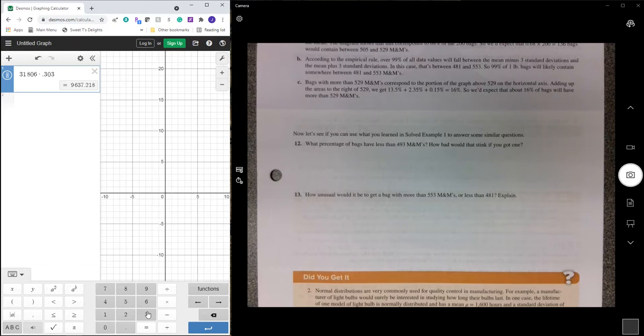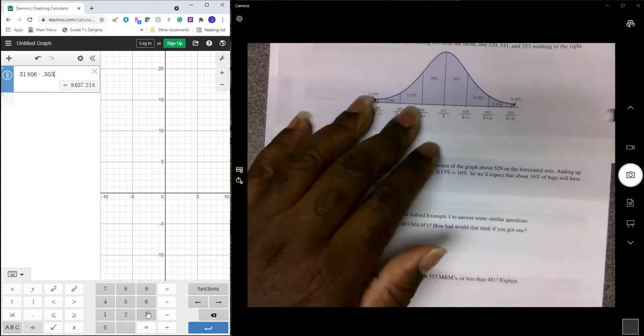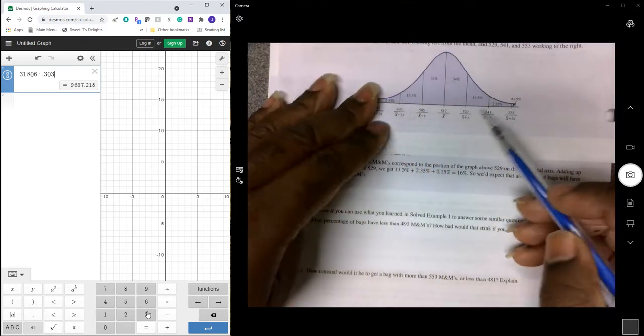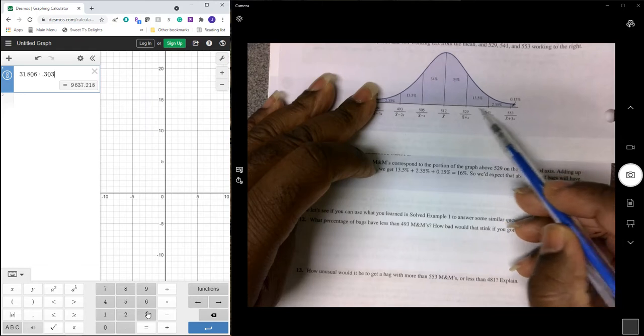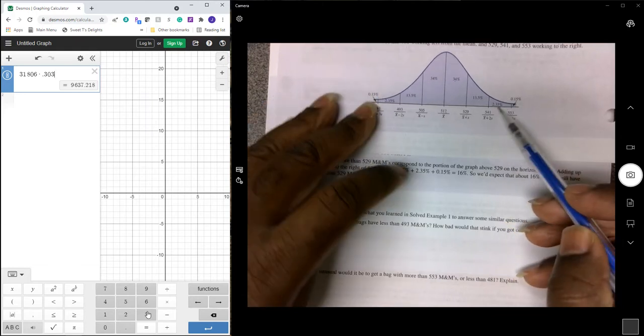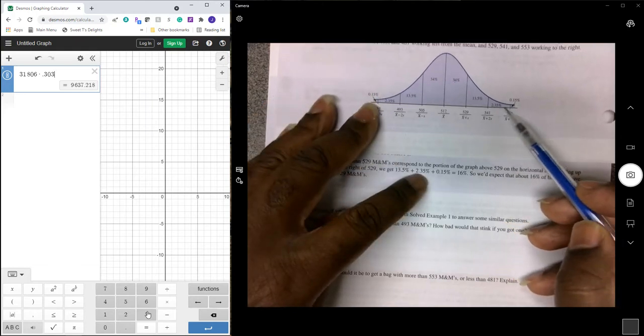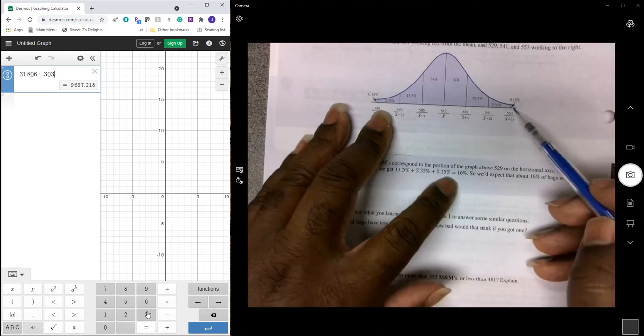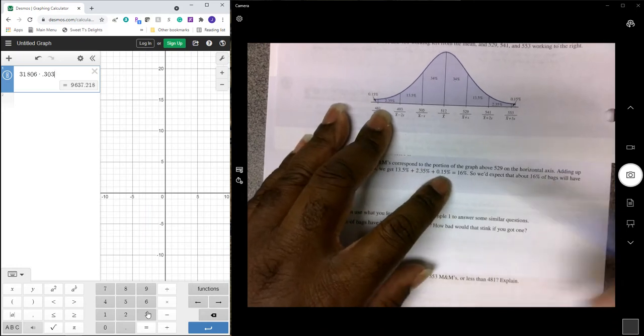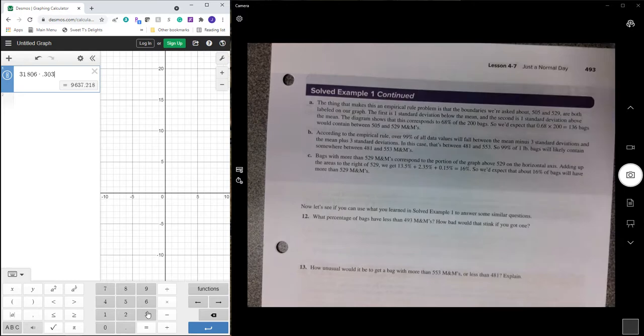So we'd expect that about 16% of bags will have more than 529 M&Ms. So let's go back here. We have 529. We get the 13.5% from here, the 2.35% from here, and finally the 0.15% from here. And that's how we got our 16%.